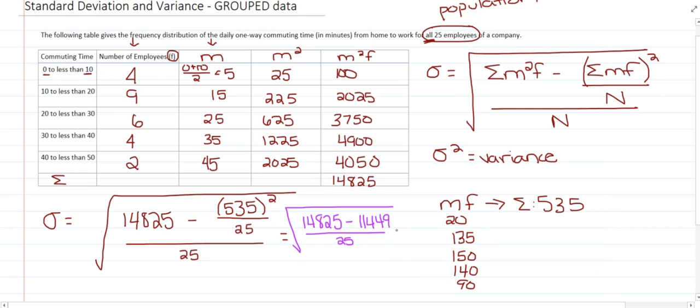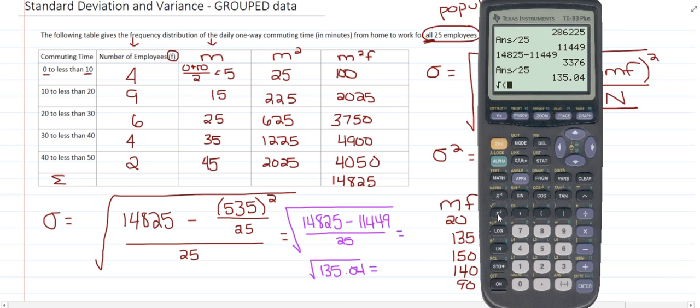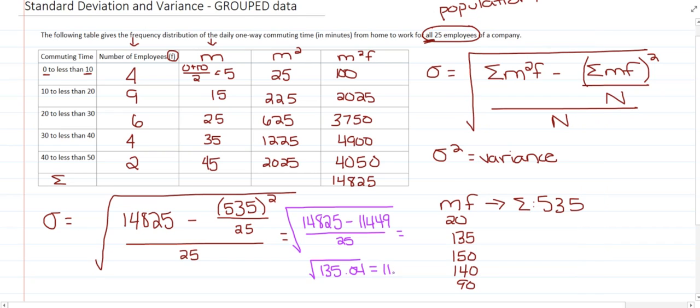So we're going to go down here. Okay, so that is going to give us the square root of 135.04, 11.621, we'll do 3 decimal places. Okay, so that is our standard deviation.